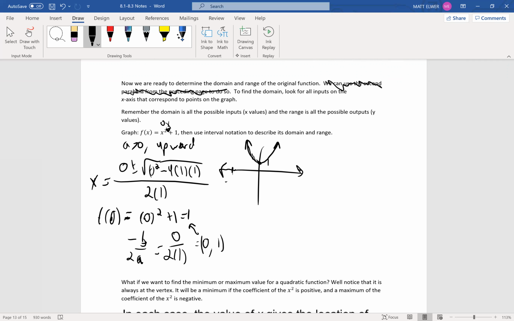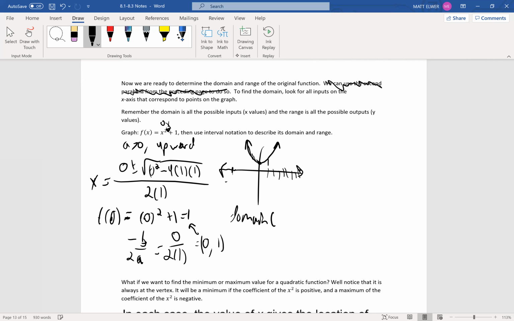So no matter what value I pick all the way out to the left, maybe even to the left of the screen, I'm always going to get a value for y. And we can do the same thing in the positive direction. I can pick any one of these points, and we'll get a point on the curve when we plug it into the function.